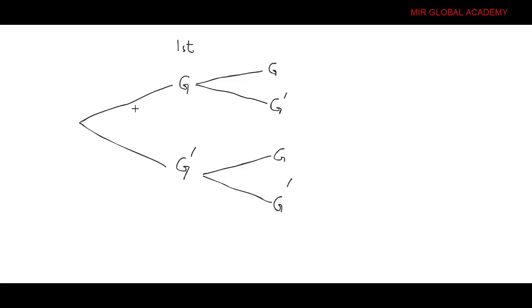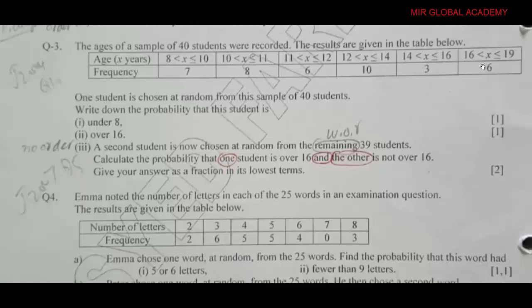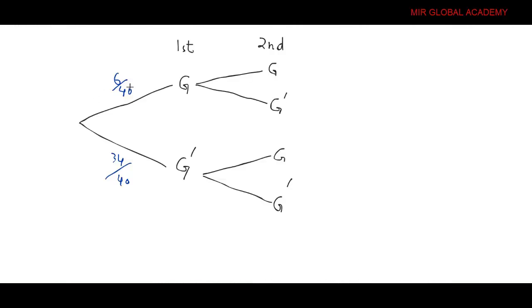Let me call those who are over 16 group G, and those who are not over 16, they are G complement. So this is the first pick and this is the second pick. Students who are over 16 are 6 out of 40, and the others will be 34 out of 40.